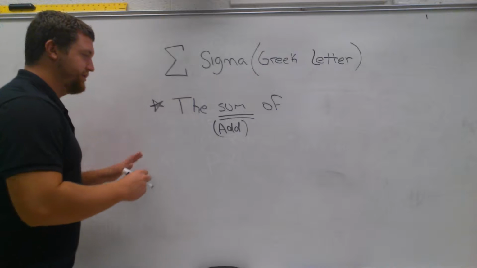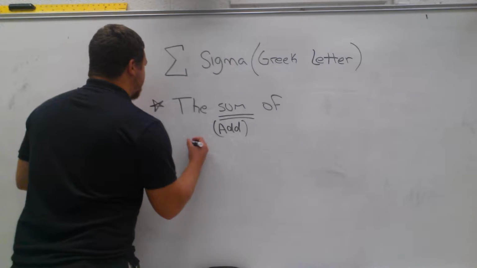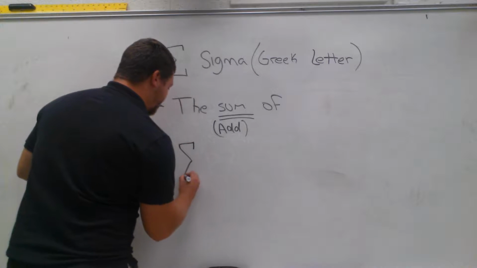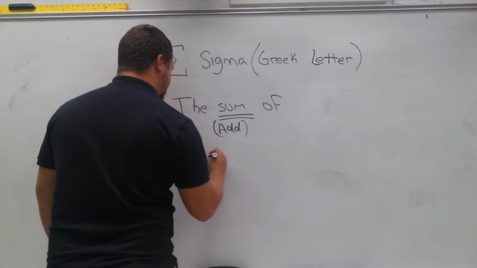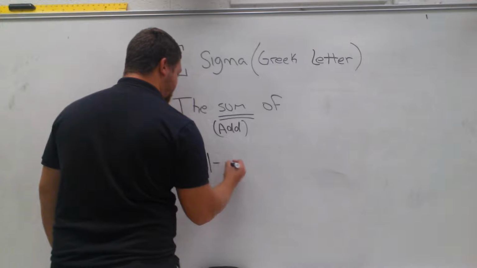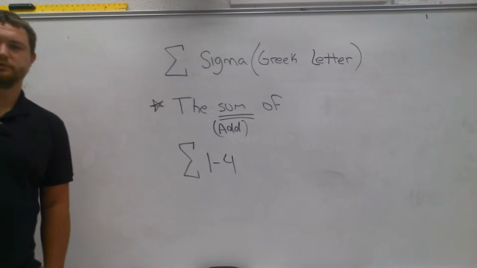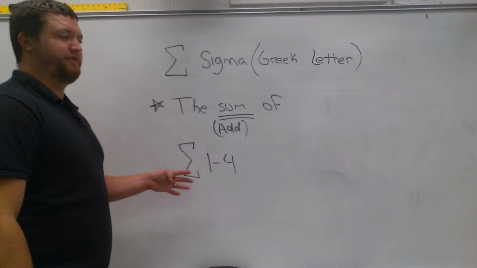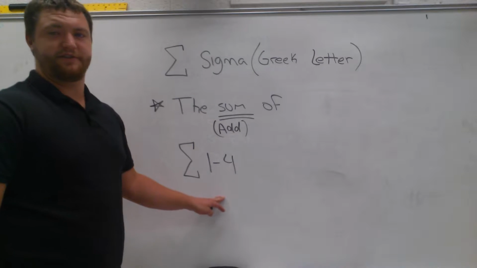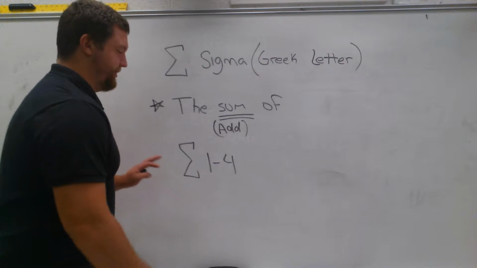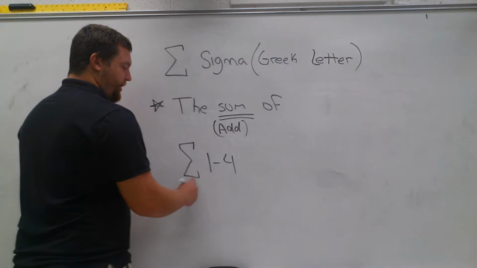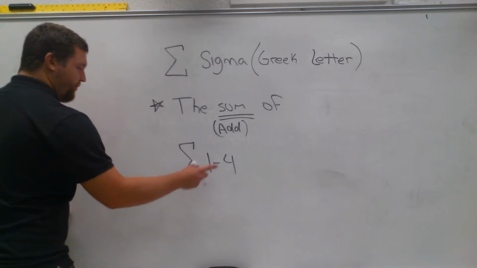You're going to see sigma. So an example would be the sum of 1 through 4. Okay. Now we're going to have letters and numbers and crazy stuff after the sigma, and we'll talk about what that actually means. But the sum of 1 through 4, sigma 1 through 4.